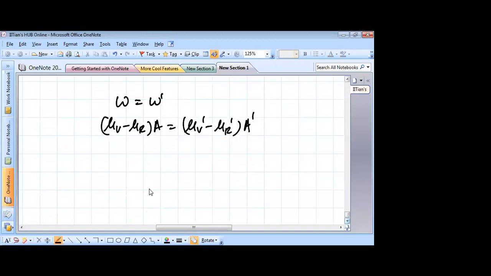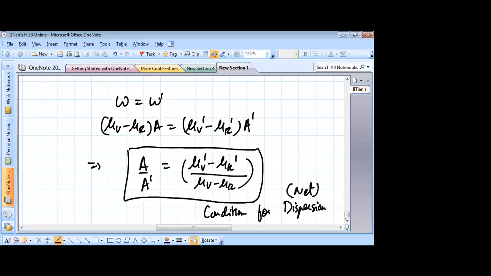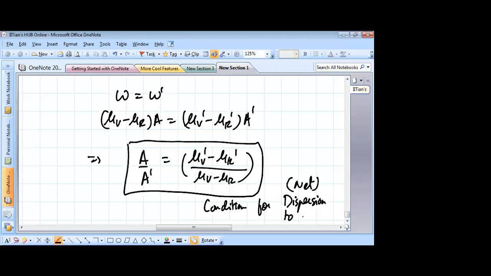So the condition is that the ratio of the angle of the prisms should be the ratio of these terms. So the condition for dispersion, or net dispersion, to be 0.